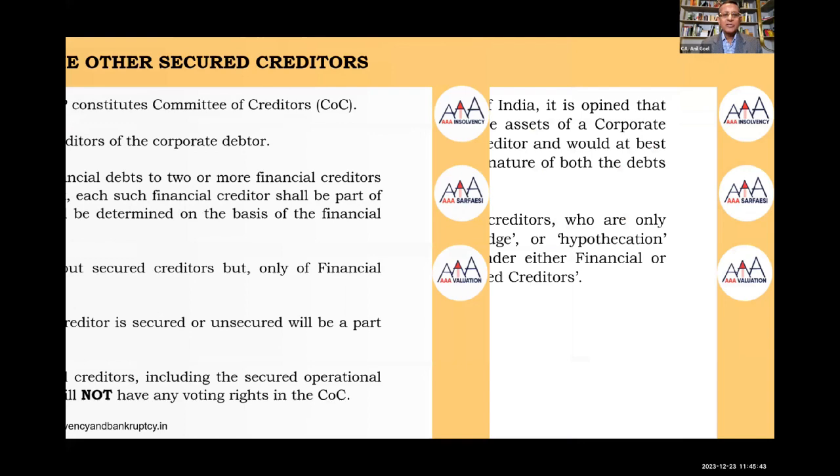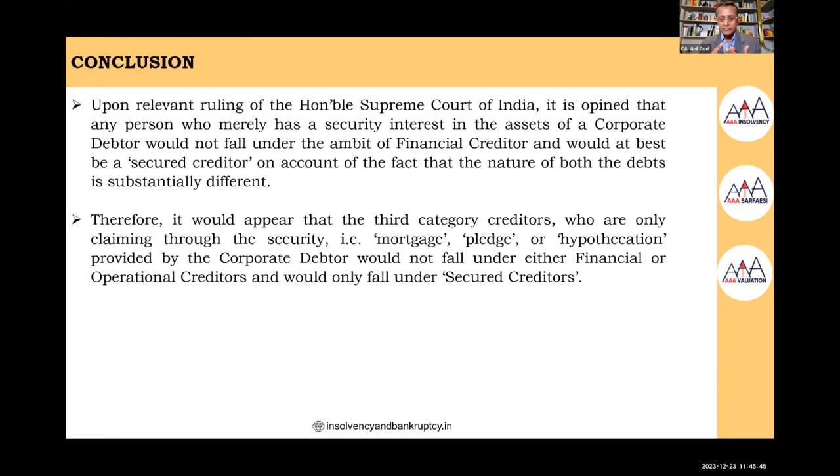So the final conclusion in this case was that yes, pledge of shares, pledge of assets, mortgage of the assets of the corporate debtor to facilitate loans to other entities, the claimant will become other secured creditor or indirect secured creditor. They would not be able to participate in the committee of creditors, because the committee of creditors is restricted to financial creditors.